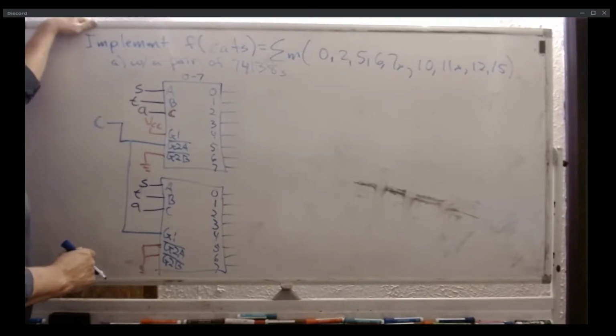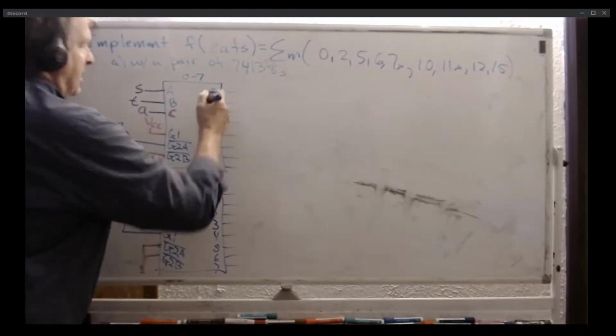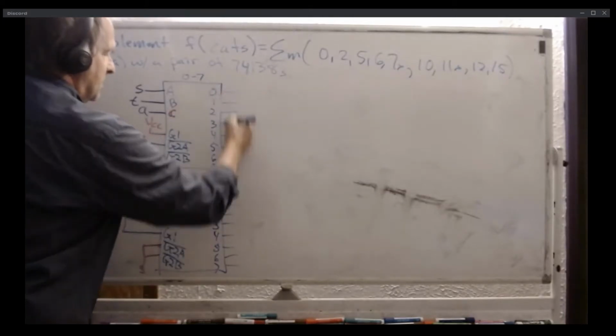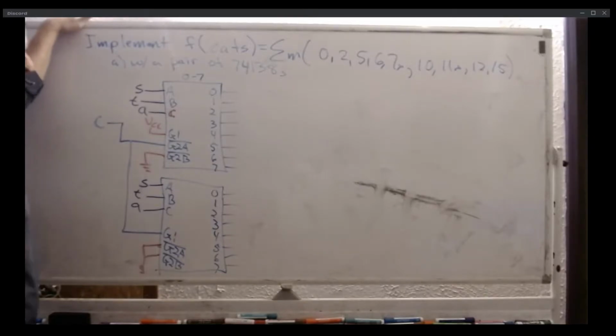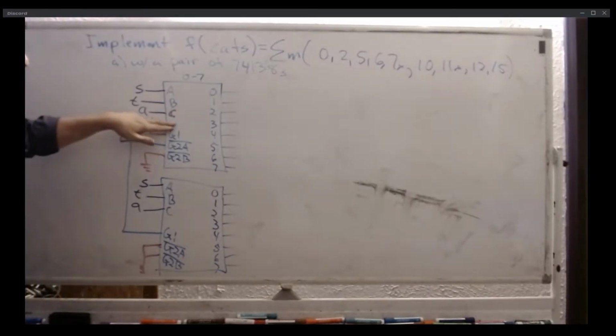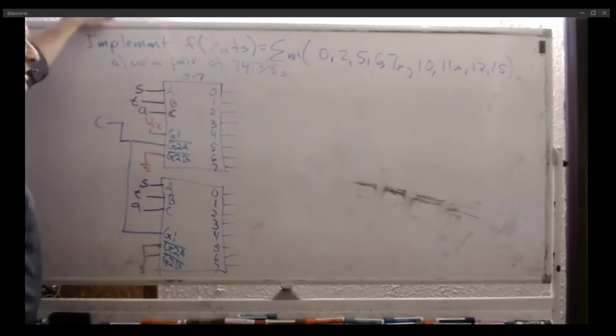To do that, as a minimum, they would have to double the number of outputs, right? Instead of 8, we'd have 16, and we'd have to add a select line, because we need 4 select lines if we have 16 outputs. Does everybody see that?